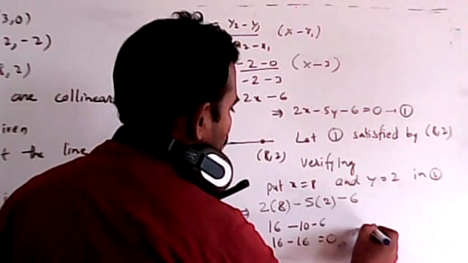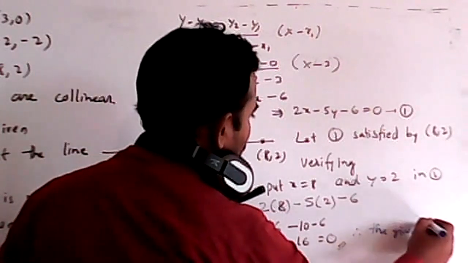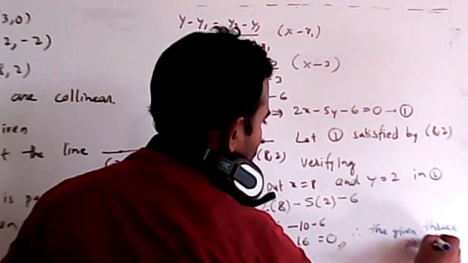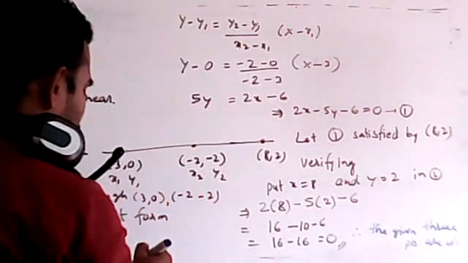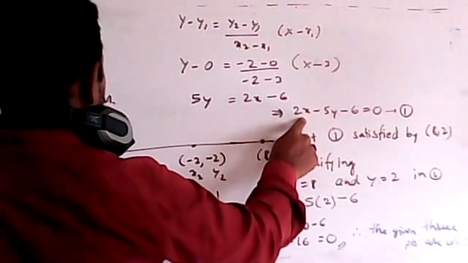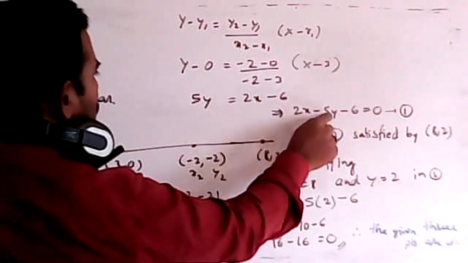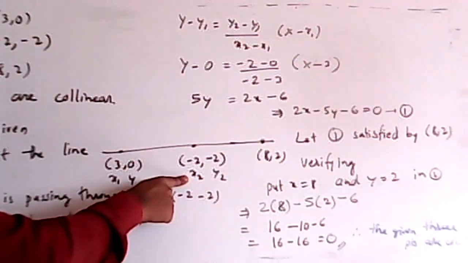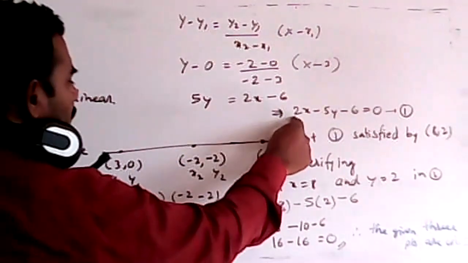Therefore, the given 3 points are collinear. You can check any point now for this equation. 3, 0, okay? 3 into 2, 6. 0 into 5, 0 only. 6 minus 6, 0. This one, x means minus 2. Minus 2 into 2, minus 4.